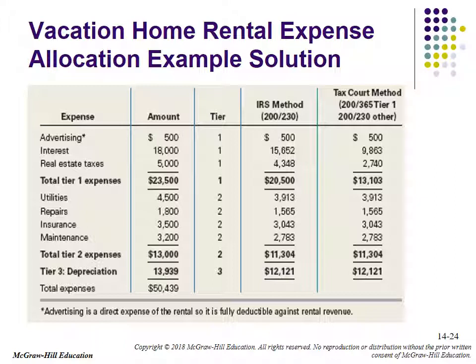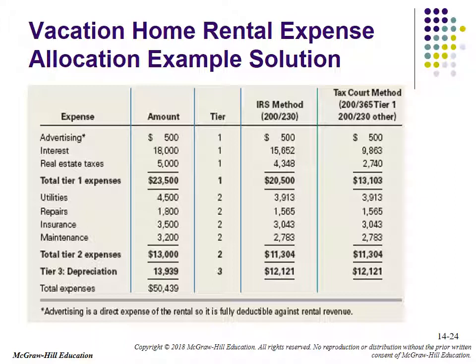There's their advertising. Their first set of items that they can deduct are Tier 1. Under the IRS method or the tax court method, all $500 is deductible because it's a direct rental expense. The next items are interest and real estate taxes.